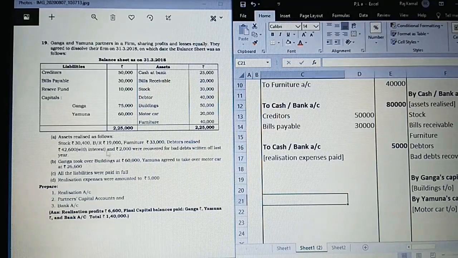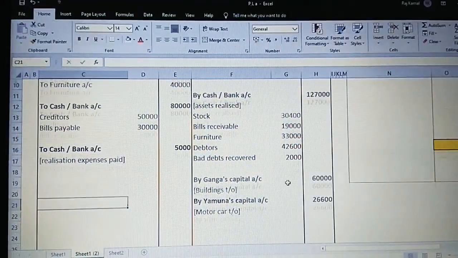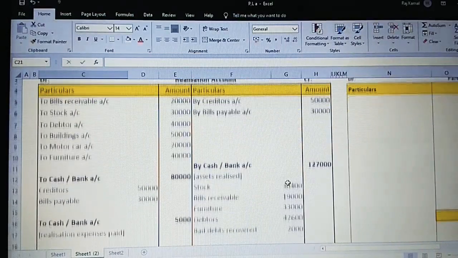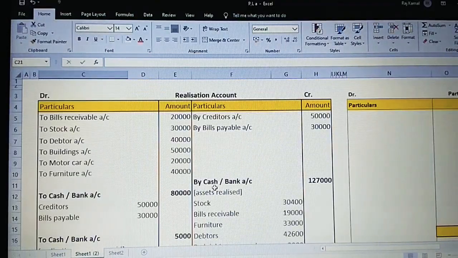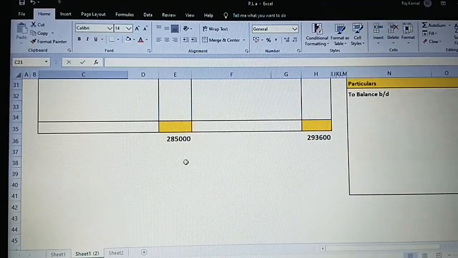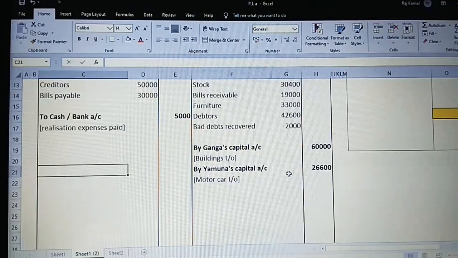So we have completed the realization account. Now let us just observe. We are going to check which side is greater. As I've applied the format, it's easy for us. Automatically we get the total of this, right? Okay, now let us just check once.